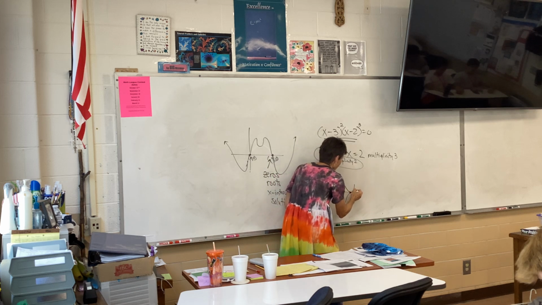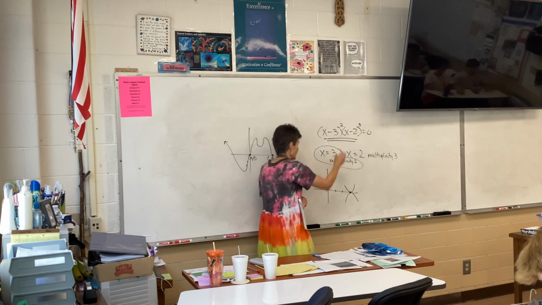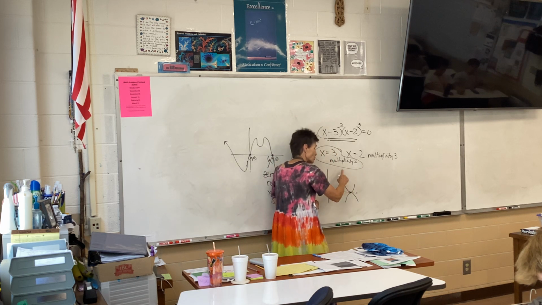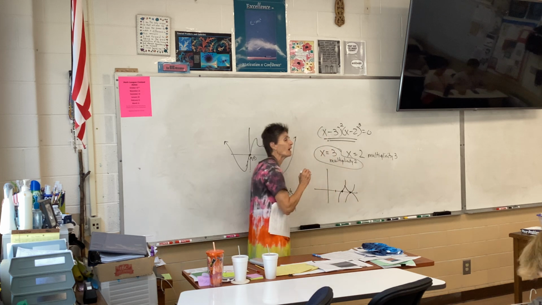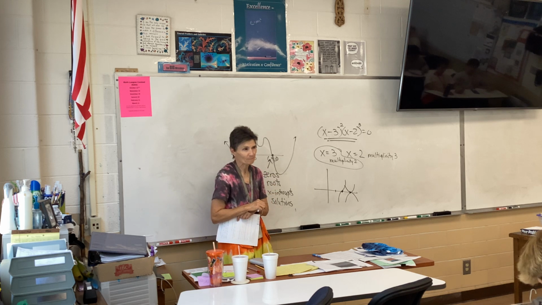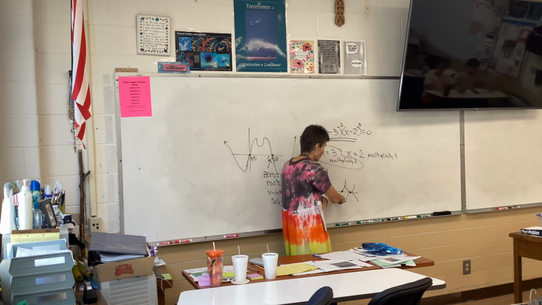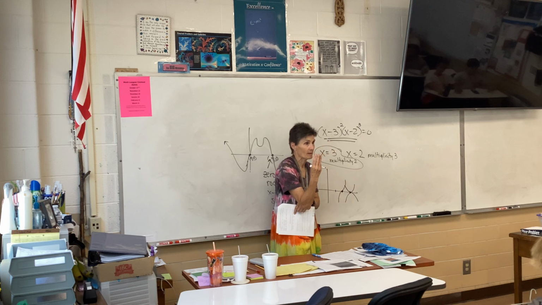If you're coming in from the bottom, you bounce off and go that way. If it has odd multiplicity, then it passes through, but with the same kind of wiggle you get with a cubic polynomial. So a picture that has that going on means that root is at least 3 times.